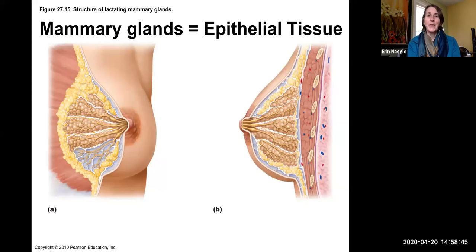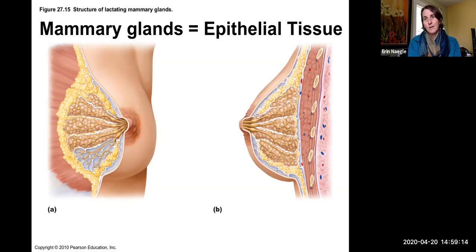What's significant about that is similar to what we saw with cervical cancer, many cancers are from epithelial tissue, because epithelial tissue is dividing so frequently, it's more prone to cancer. So when we talk about breast cancer in women, and breast cancer can also happen in men, it is usually the epithelial tissue ducts that are producing the milk.